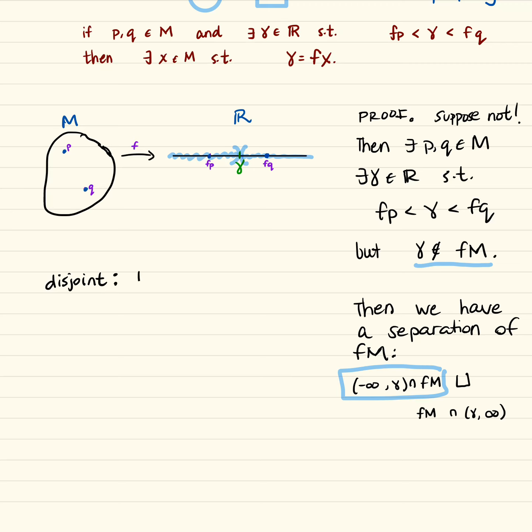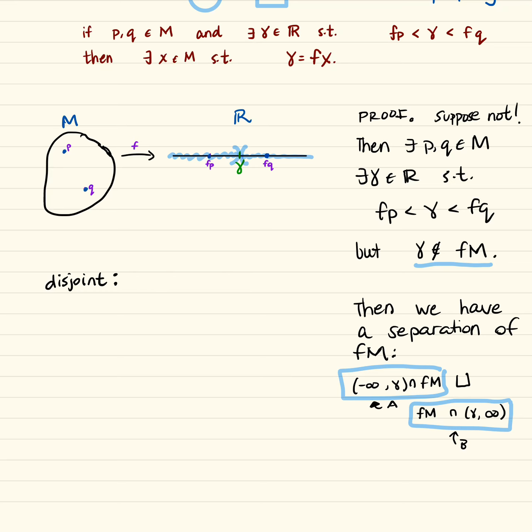That should be clear, because there's no overlap. So suppose we call this first set A, and this intersection here, suppose we call it B.